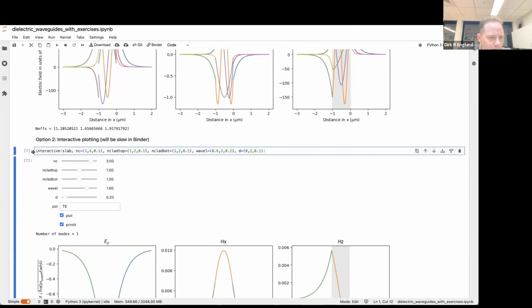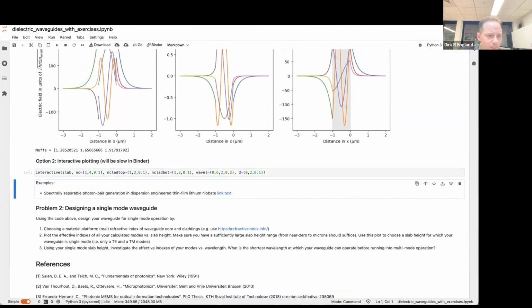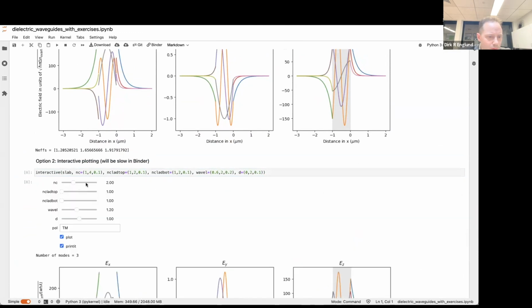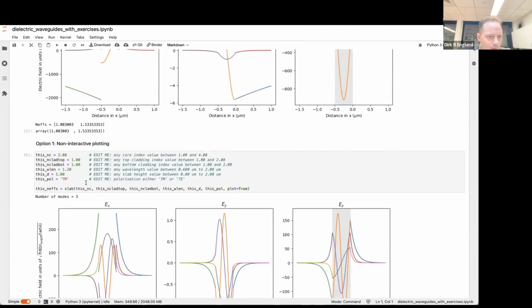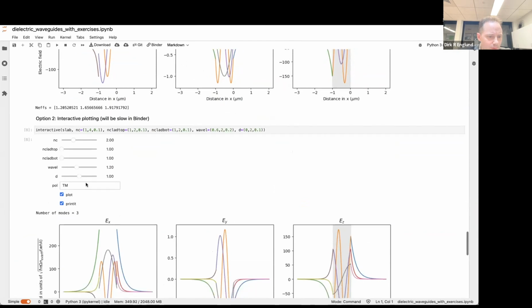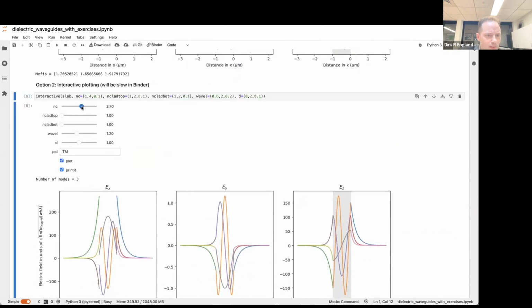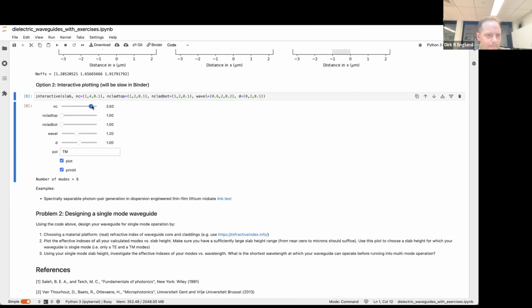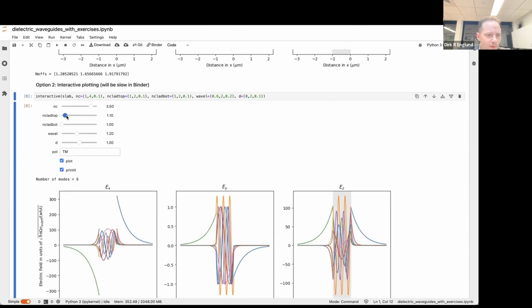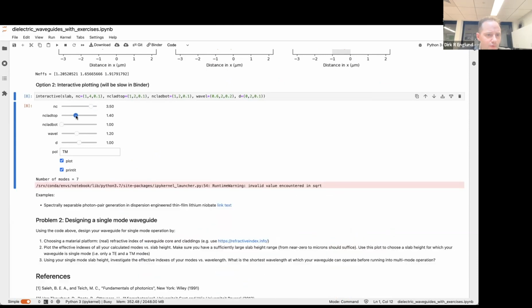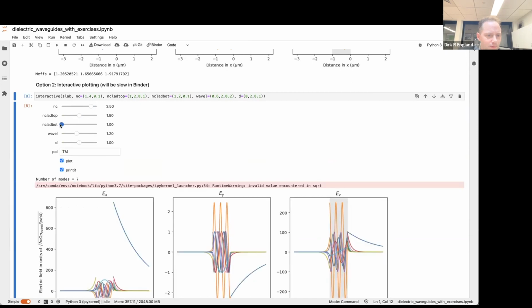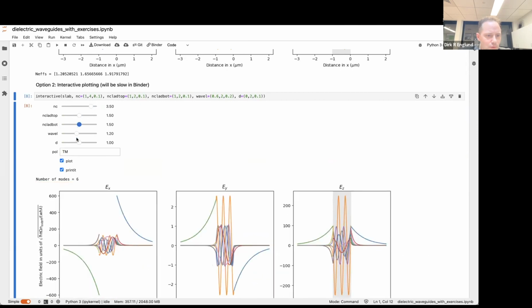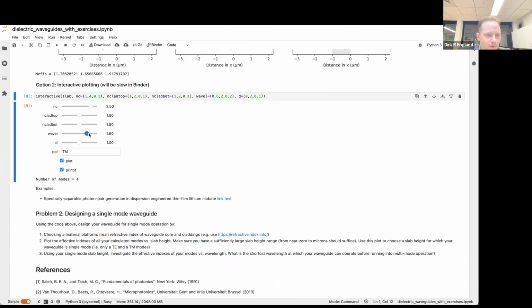Actually, let me just check. Hold on. Let me just check that I had rerun this again properly. Yeah, that's right. N is 3.5. You should be able to do this yourself as well. Let me know if you find something weird. 1.55 wavelength.